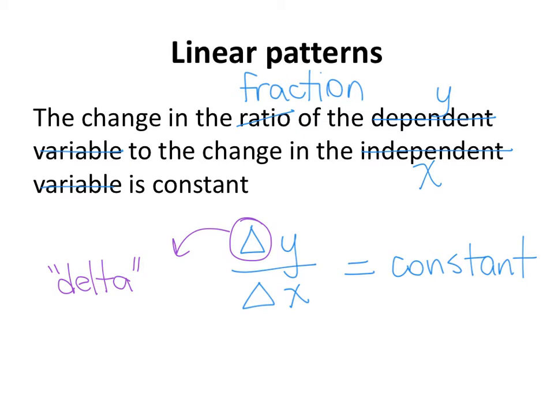And this little triangle symbol that you see is the Greek letter delta. It's the symbol for change. So again, what we see on screen is that the change in y divided by the change in x should always be constant. This is a ratio, a fraction, of the change in the dependent variable to the change in the independent variable.